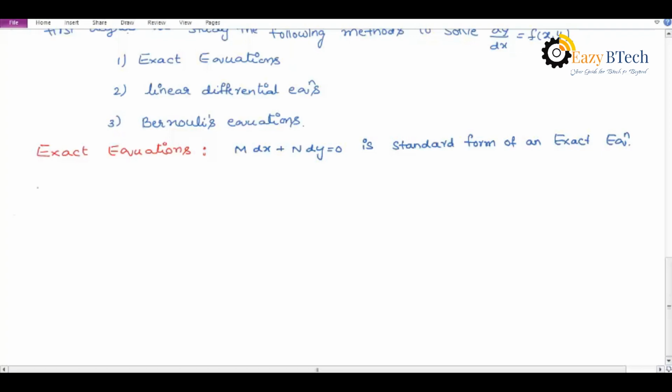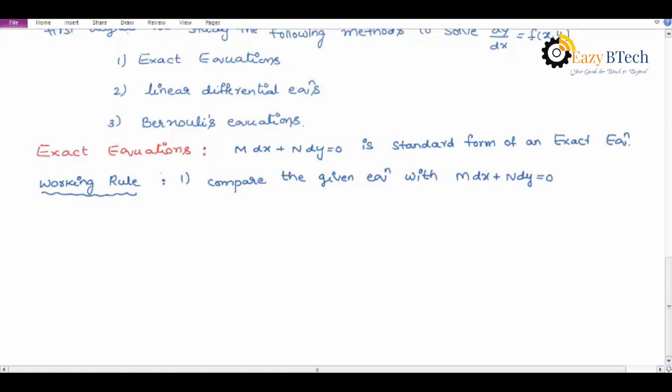Then the working rule for solving an exact equation. First, compare the given equation with M dx plus N dy is equal to 0.